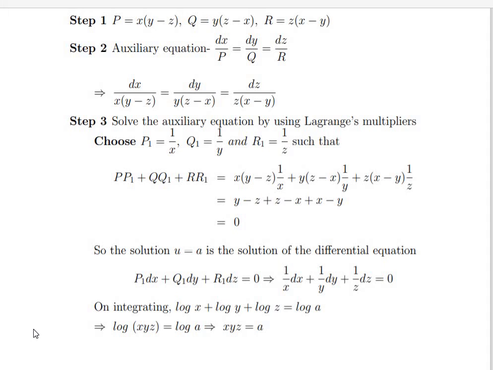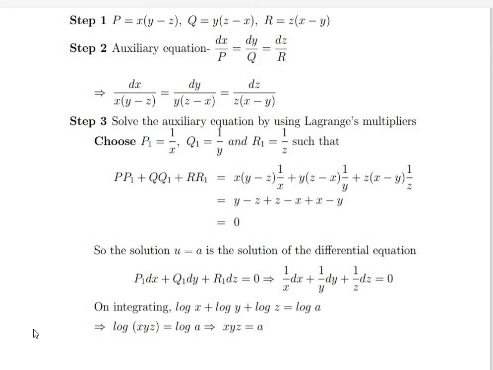If we remove this x from the first term, y from the second term, and z from the third term, and add, we will get 0. So for that purpose, here we will take the first Lagrange's multiplier P1 as 1 by x, Q1 as 1 by y, and R1 as 1 by z.